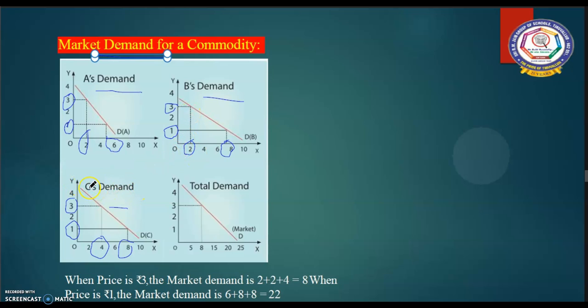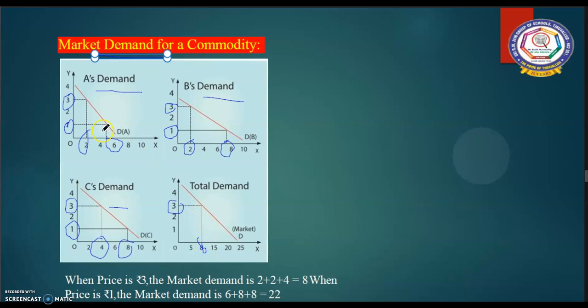And in C's diagram also when the price is 3, the demand increases to 4. So when we add this, 2 plus 2 plus 4, that is equal to 8. So in this total demand you can see when the price is 3, the quantity demanded is 8.